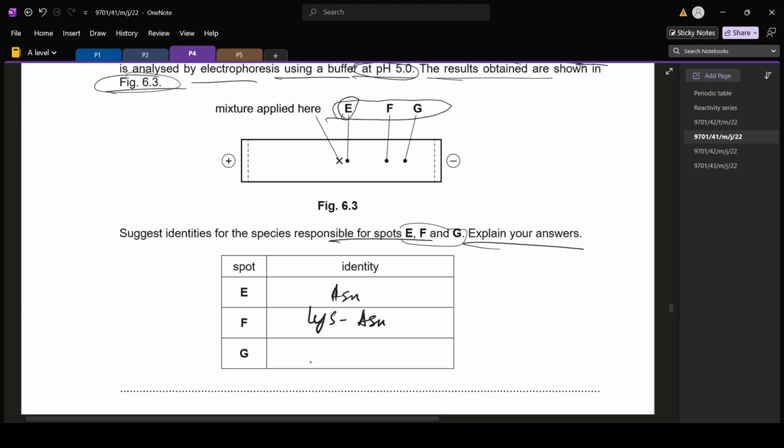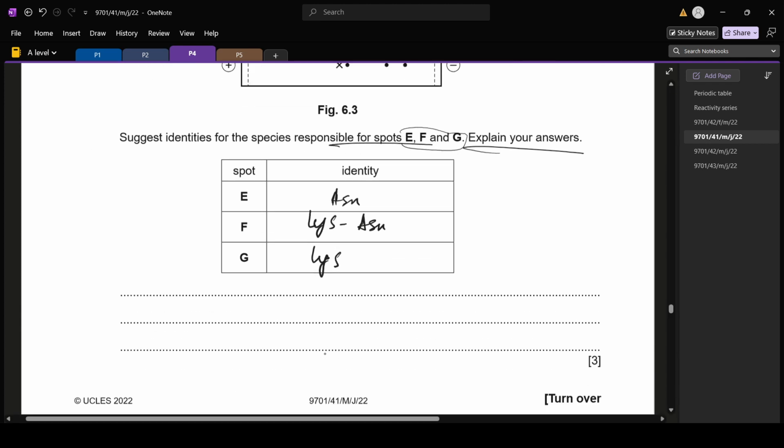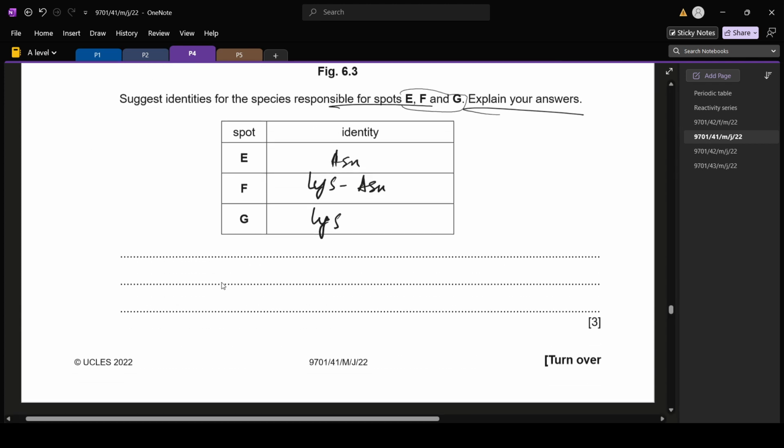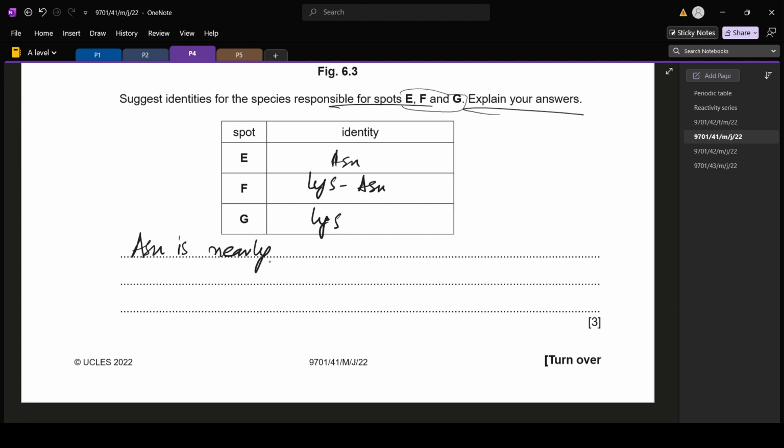Okay, and then we have lysine. So now let's explain this. How you will explain, you can say that aspargine is nearly uncharged. That's why you have a point at uncharged.